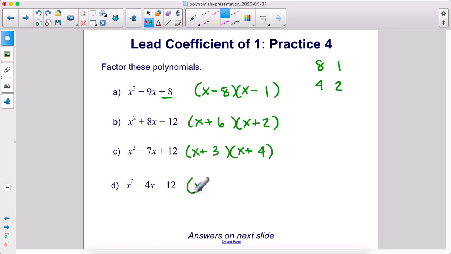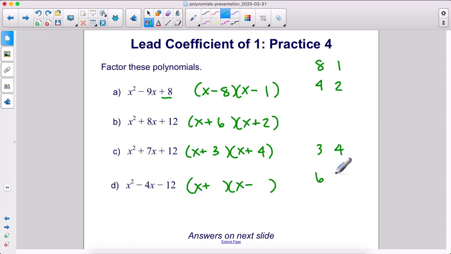Here we start with our x and x. Minus sign here, which means that we have one of each sign. And this is going to be negative. So we need factors of 12 that add up to -4. Let's see. What are some factors of 12? We have 3 and 4, but there's no combination of positive and negative 3 and 4 that are going to add to -4.